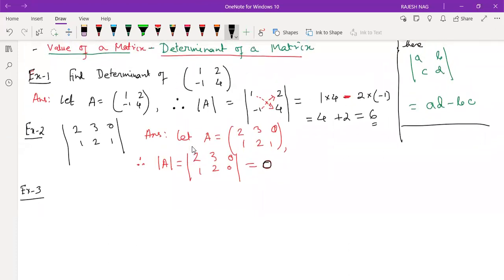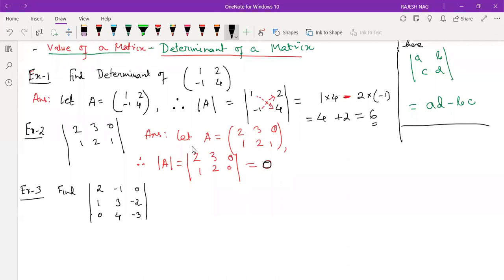Now if we go for a 3 cross 3 determinant, find the determinant of 2, -1, 0, 1, 3, -2, 0, 4, -3.